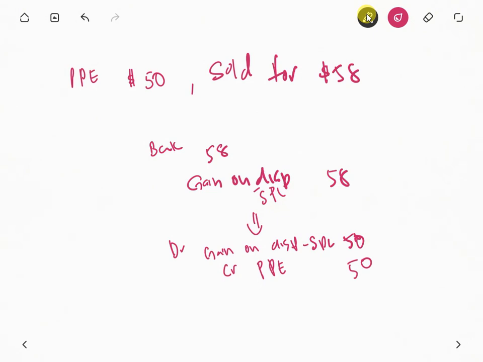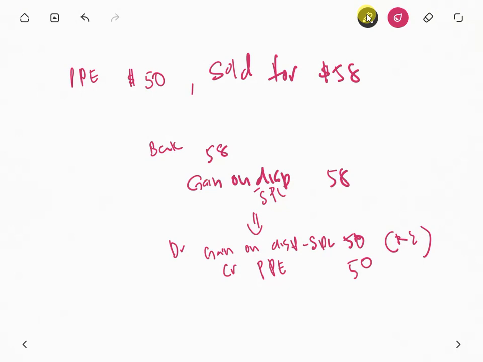Can you see? So credit out my PPE, so my PPE will reduce. And then when I debit P&L, means I'm reducing my profit. So reduce my profit, hence it's going to affect my retained earnings. Okay, so this is the correct entry. Yeah, I just have to reverse out 50.